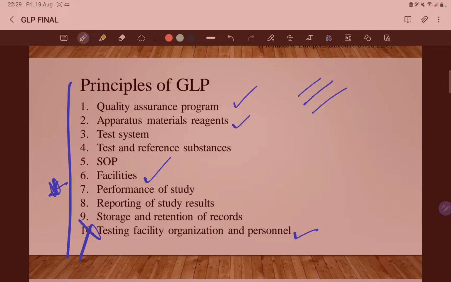Okay. Apparatus, materials and reagents. These are apparatus of appropriate design and adequate capacity, documented inspection, cleaning, maintenance and calibration of apparatus, and materials not to interfere with the system. Chemicals, reagents and solutions should be labeled to indicate identity, expiry and specific storage instructions.